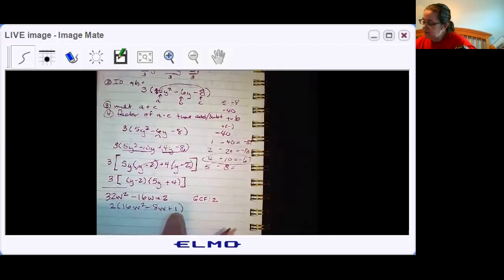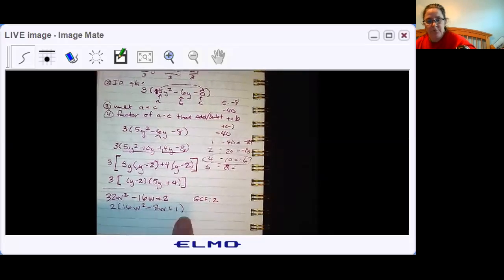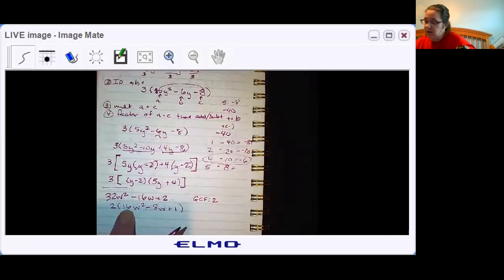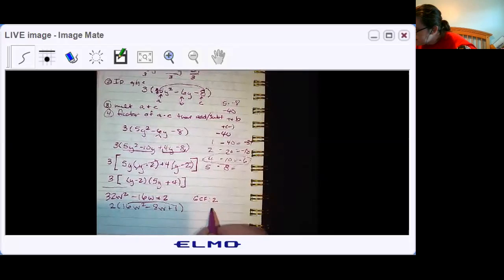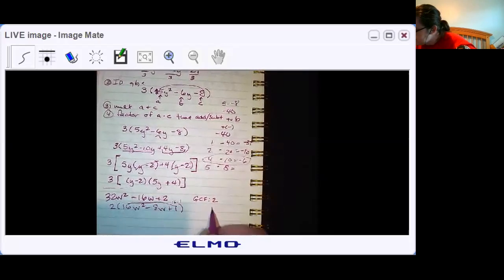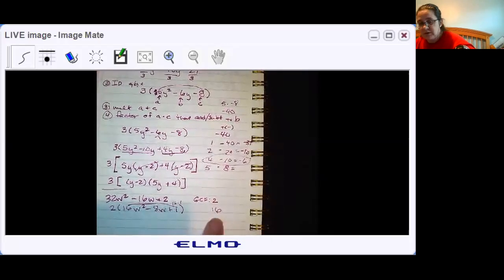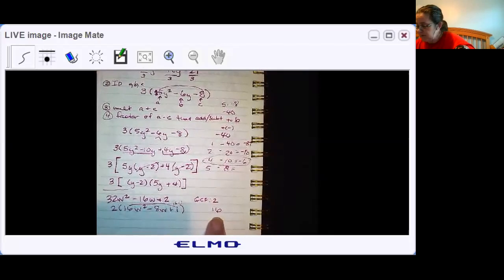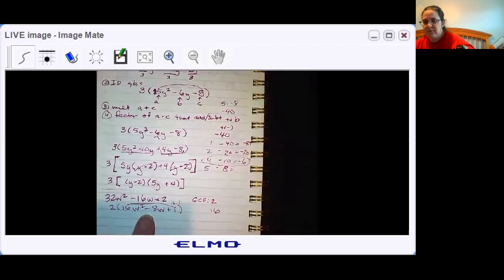Now, this is a trinomial with a leading coefficient that's 1. So we do what we did in the last video. First number times last number. 16 times 1 is 16. So now I need numbers that multiply together to give me 16 and add together to give me negative 8.